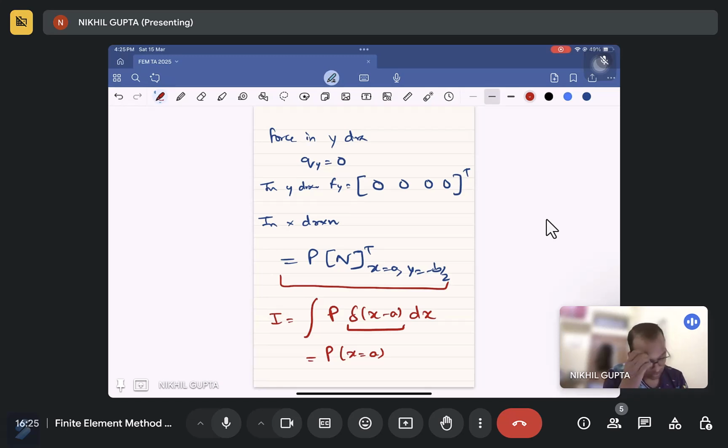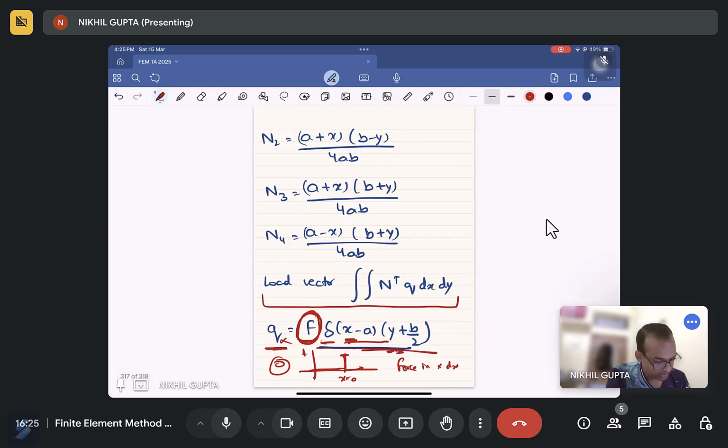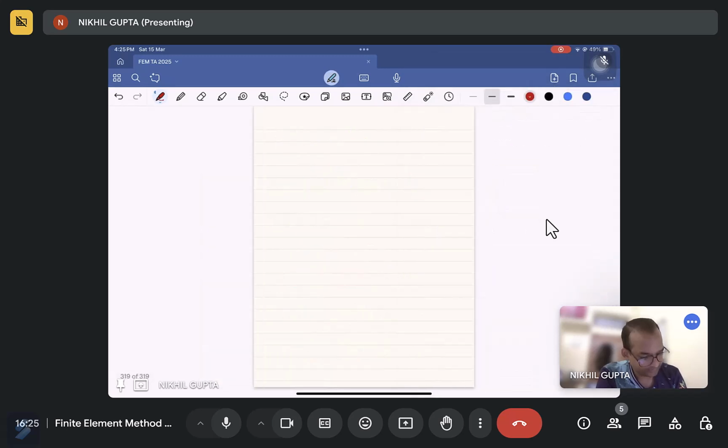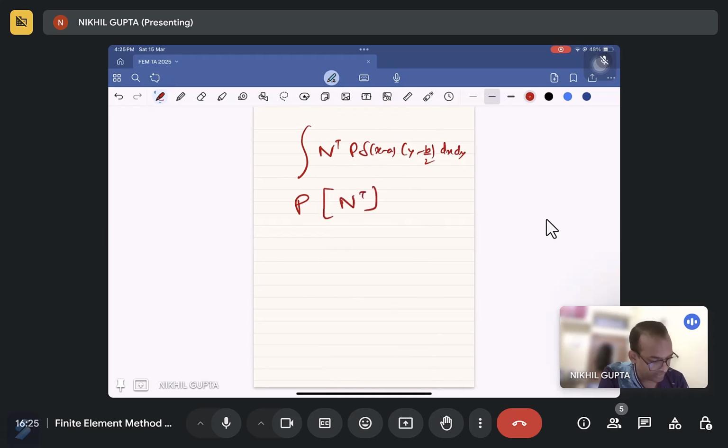Here N has the x and y terms. So when you integrate N transpose P delta(x minus a) and (y minus b by 2) dx dy, P is constant so it can come out, and N transpose will give you the value at x equal to a and y equal to minus b by 2.